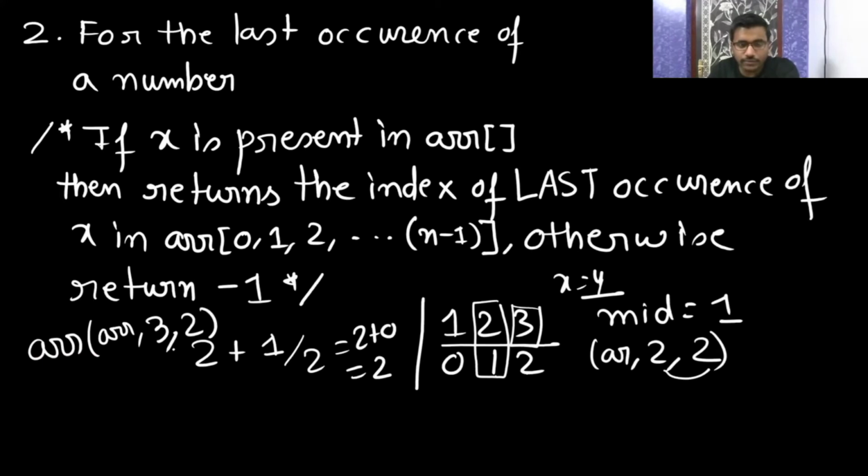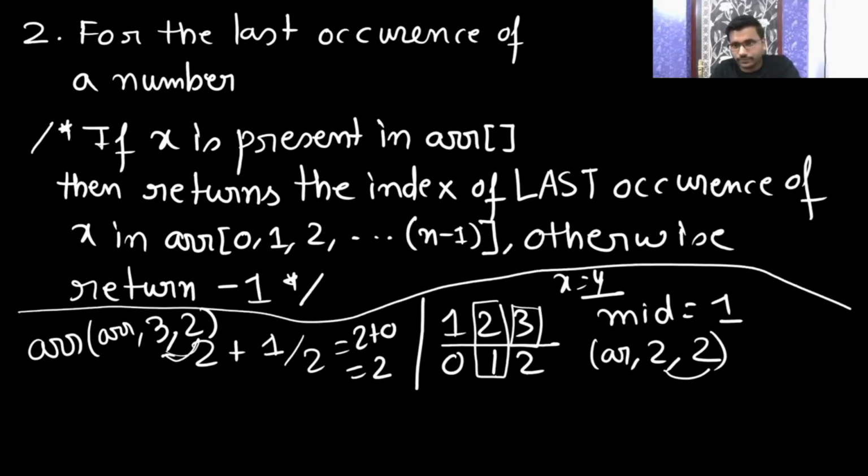Now see, low is greater than high, because you are assuming that this may be in the right-hand side, but it is not in your array. That's why the condition gets violated. Is it clear now?